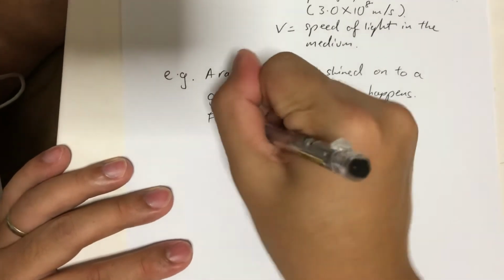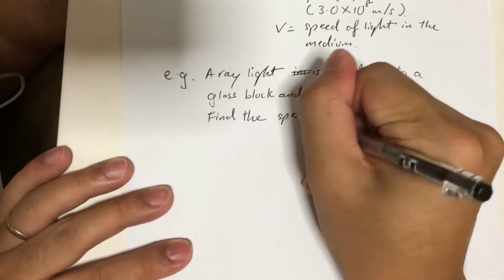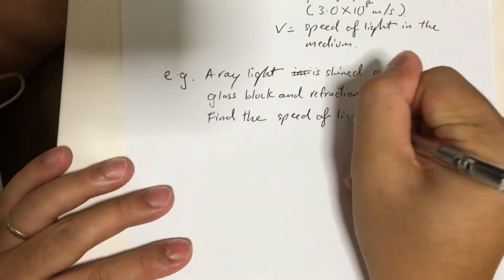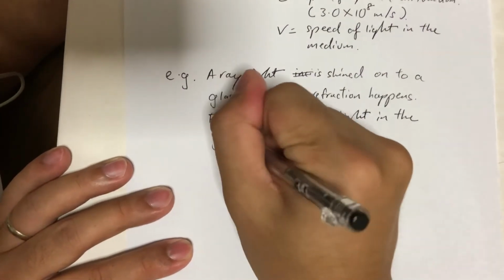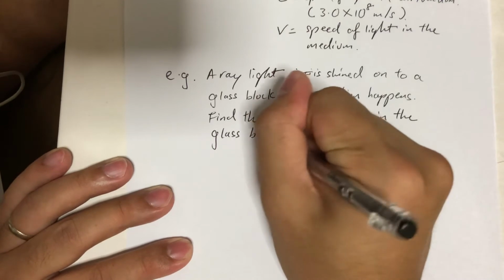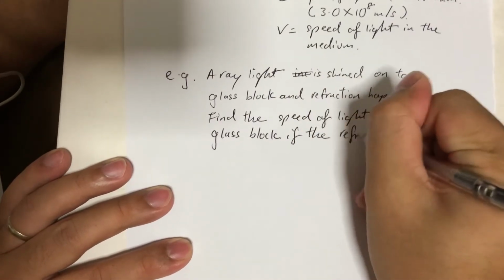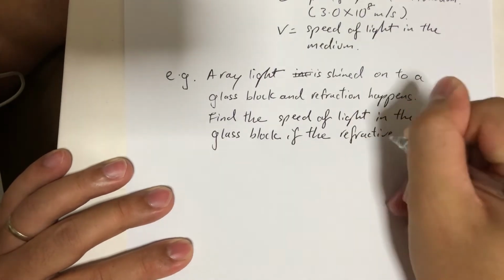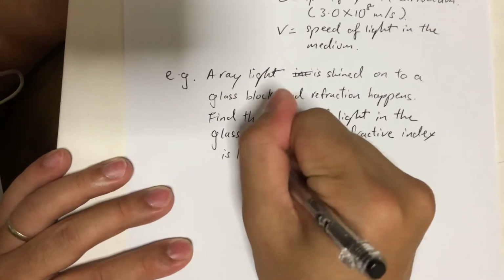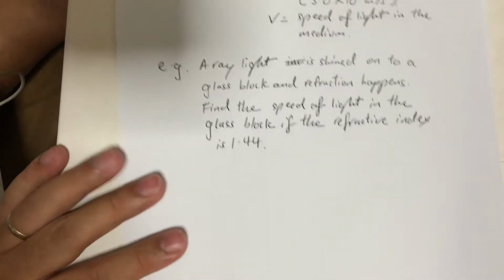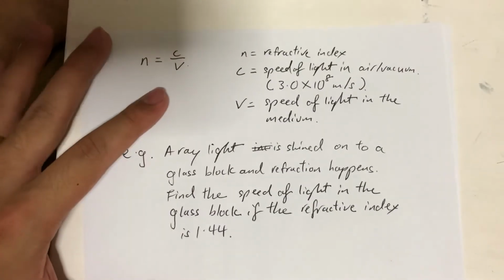Find the speed of light in the glass block if the refractive index is 1.44. So a very quick example on how we actually apply this formula that we have here.